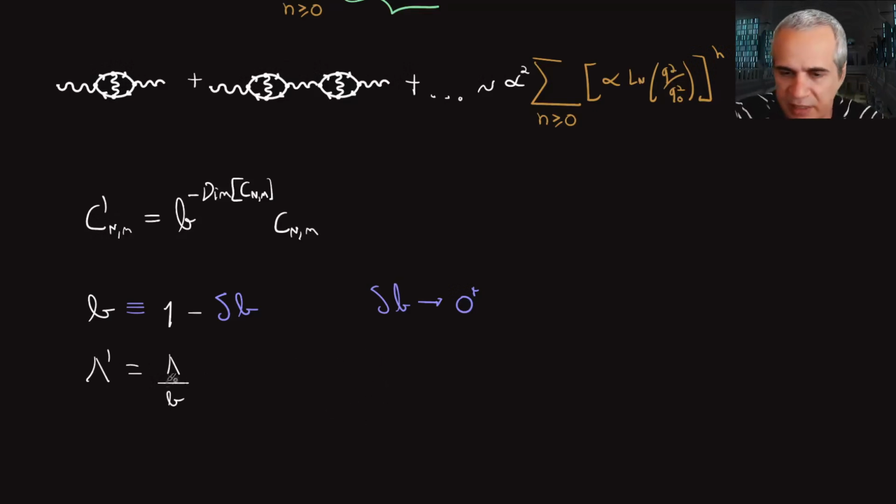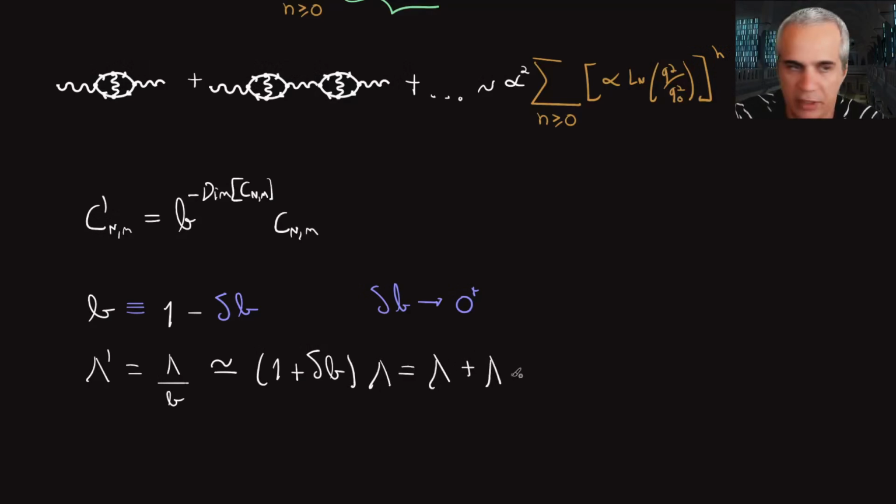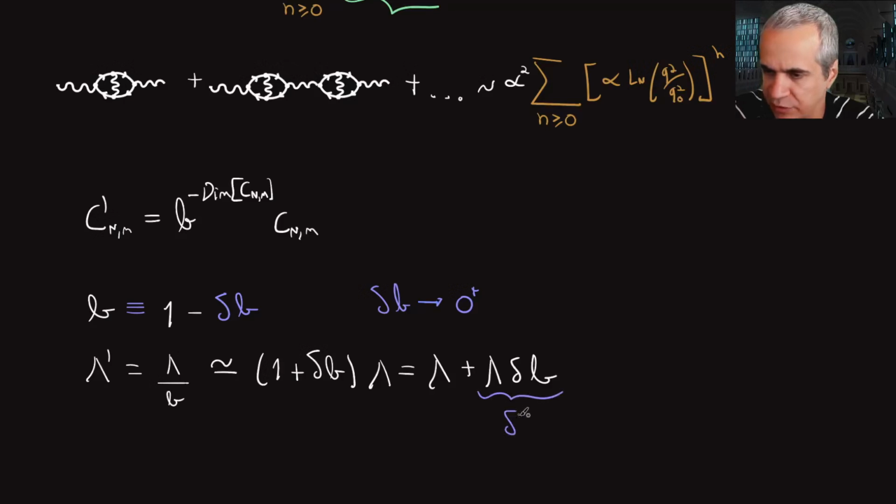And because of that, I can now rewrite, I just substitute this expression for B here, and I have that lambda prime is approximately 1 plus delta B, because I'm bringing this to the numerator, lambda, which I can write in this way: lambda plus lambda delta B, which now defines my delta lambda. I can call this little piece here delta lambda. So this is how lambda transforms, lambda plus delta lambda, right?